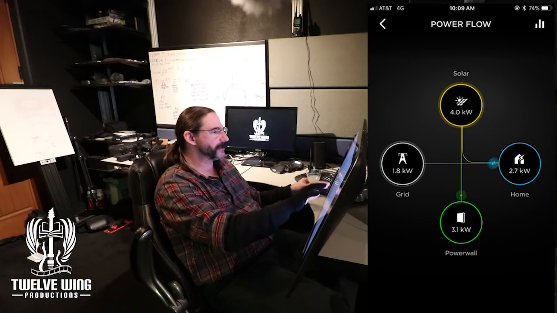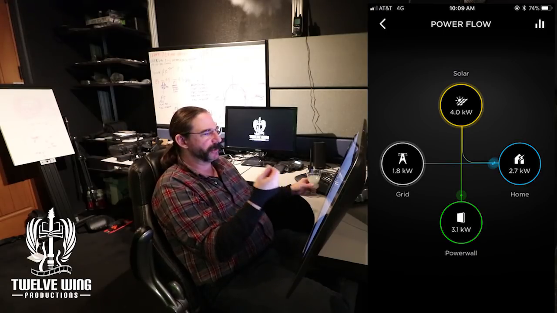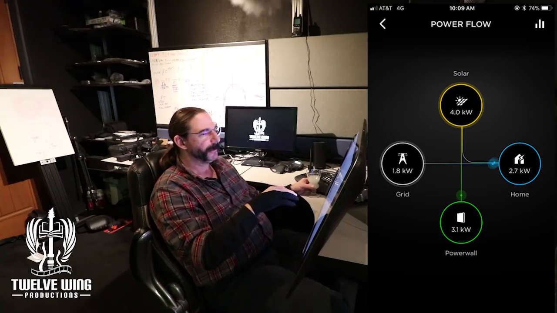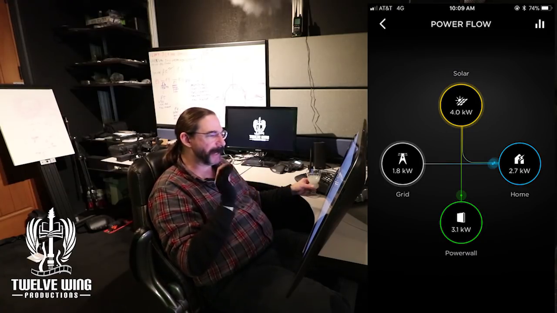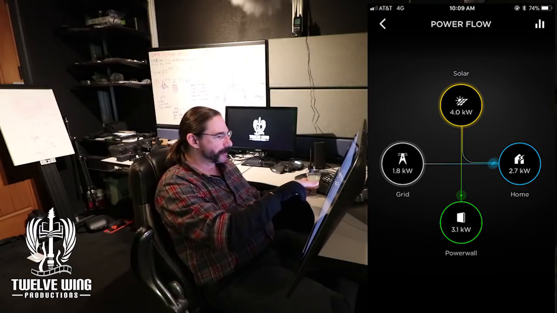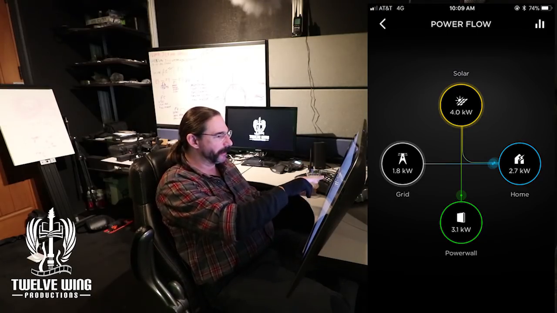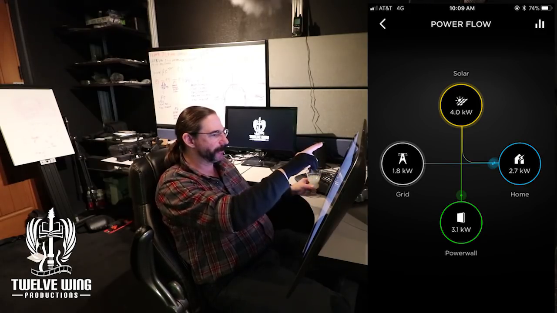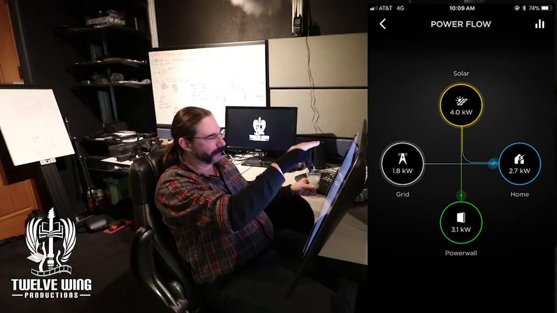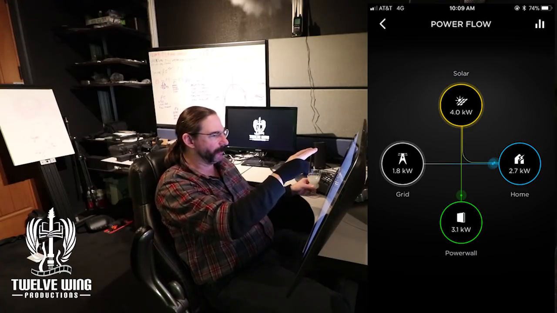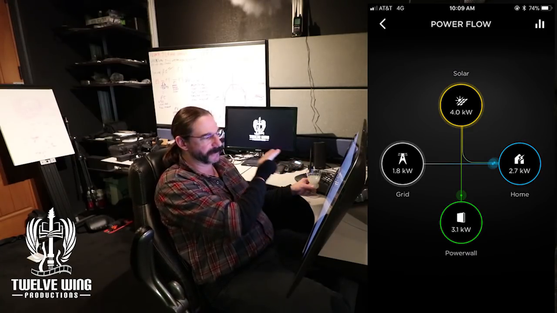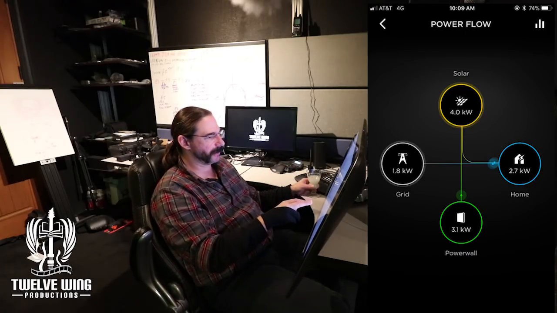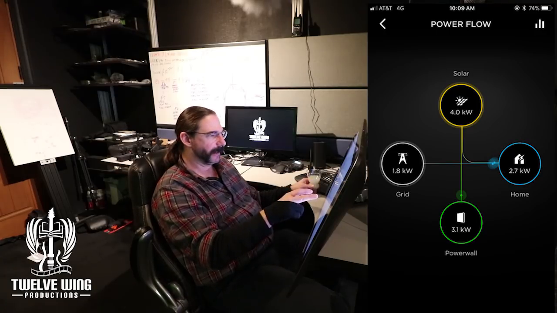And then the second one we see, again a little after 10 in the morning. The system has finally gotten to a point where it's starting to exceed the consumption of the home. And remember, at this point, the batteries are still nearly dead. In this one you can see that we're getting some power from the solar panels to the battery and also to the home, but the grid is still there, and it pops up momentarily and shoves some power to the home.